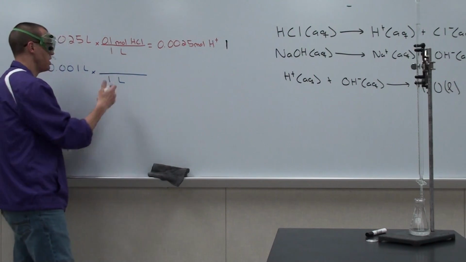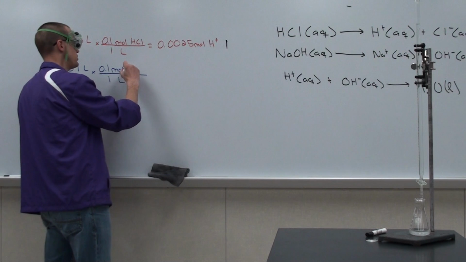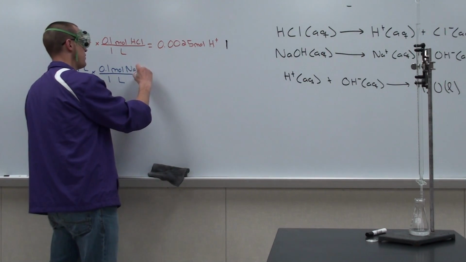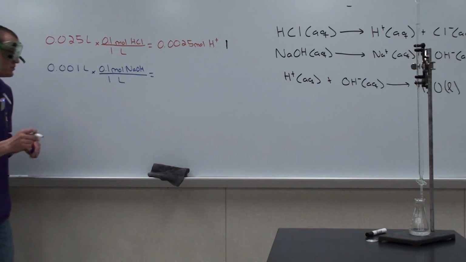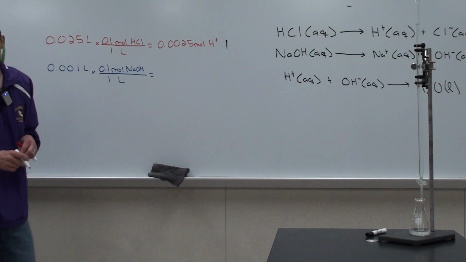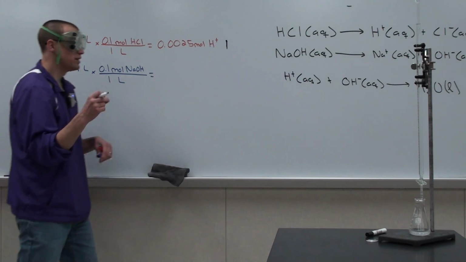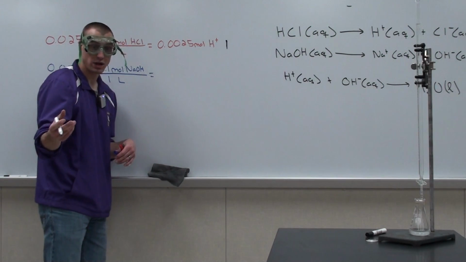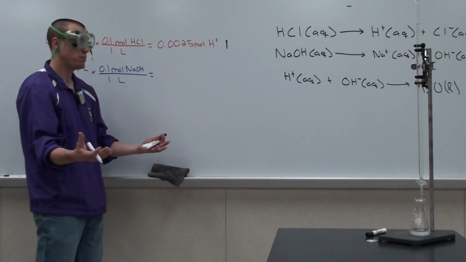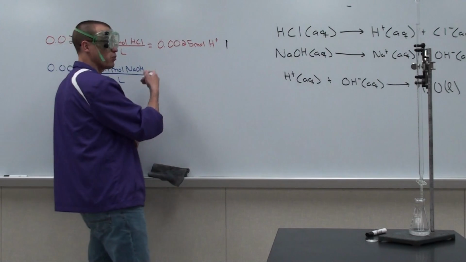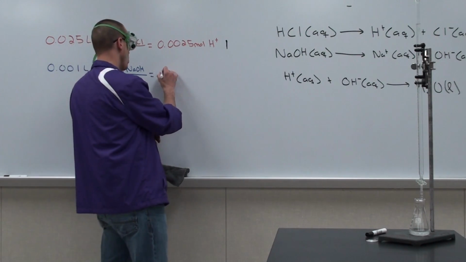Again, I'm going to find out the number of moles of NaOH. We punch that into our calculator, 0.001 times 0.1, and we end up with 0.0001 moles of sodium hydroxide. And because it's a strong base, we end up with 0.0001 moles of OH minus.